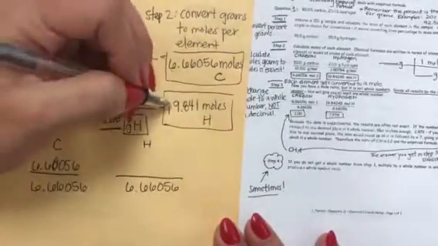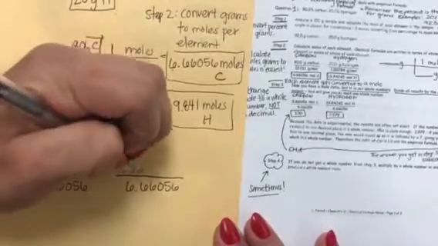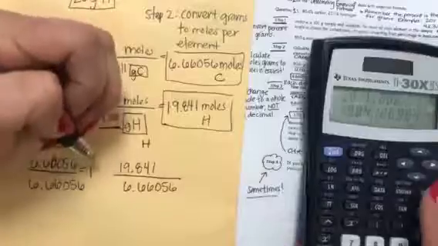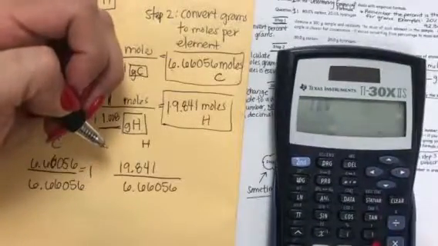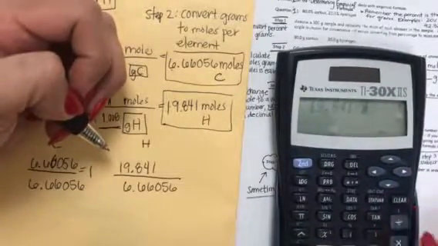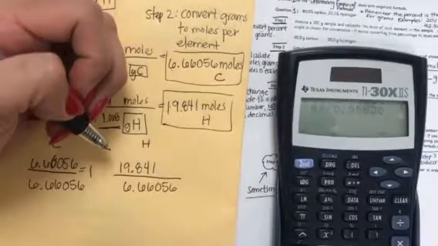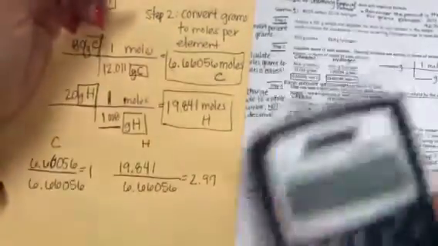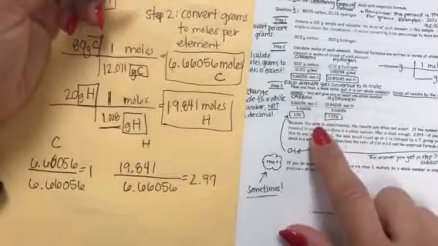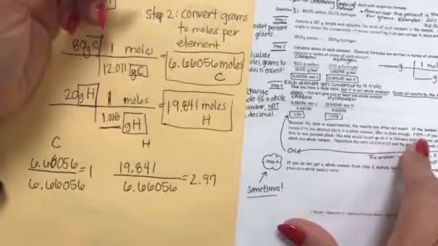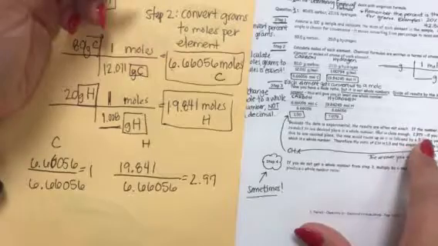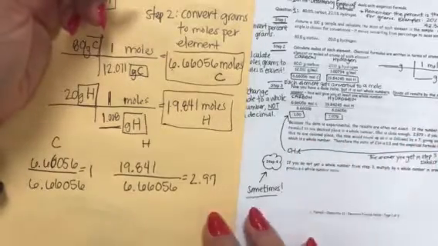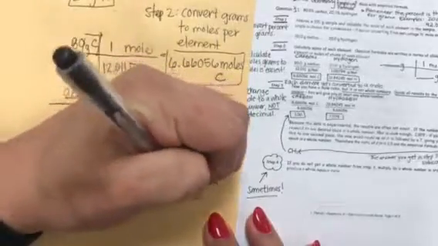Now in hydrogen, I got 19.841, and I need to divide by that. 19.841 divided by, gives me 2.97. Because it's so close, you can round to at least one decimal place, so you can round it to 3 to get a whole number.